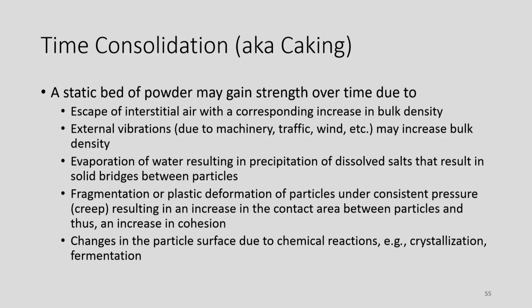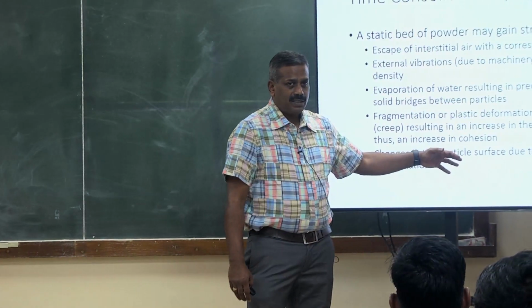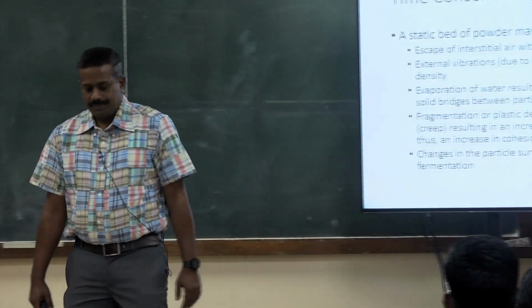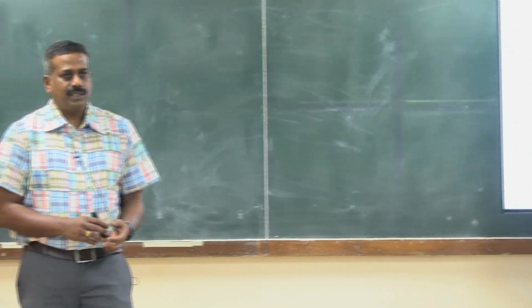Chemical reactions are common if you are storing crystalline solids. For amorphous solids, unless the humidity and temperature are very high, you might not see many chemical reactions, but crystalline solids can change over a period of time due to chemical changes.